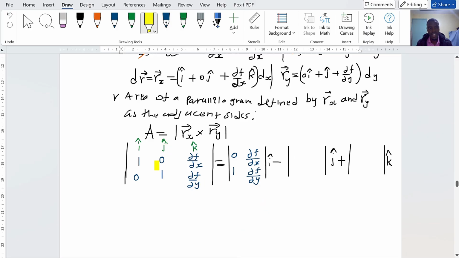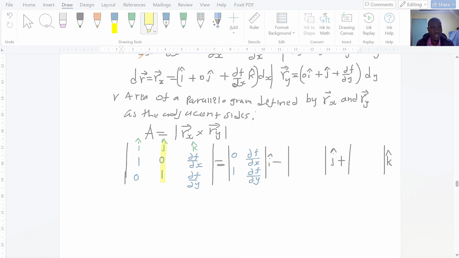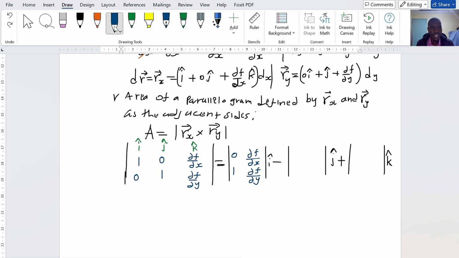For i, we have 1, 0. So for j, we close this. Let's move on. For j, we close j. If we do so, we have 1, 0, and then we have df over dx, and then we have df over dy.